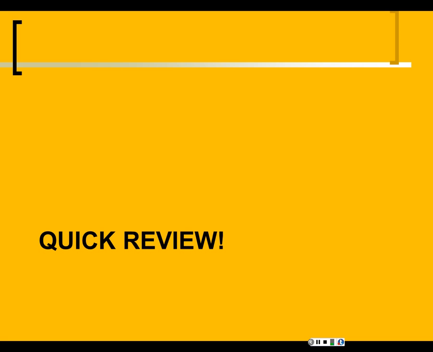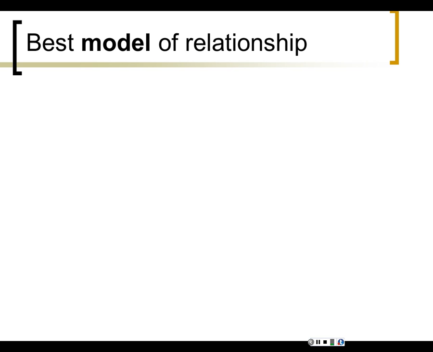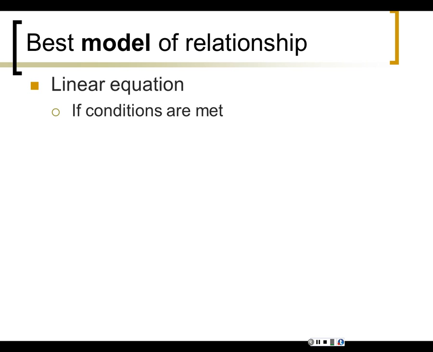Now let's do a quick review. There's a few more little lectures that I'm going to try and get done for this class, but let's just do a quick review of some of the stuff we've got going here. We first try and find the best model of our relationship between x and y in our sample. We're going to use a linear equation, which is all we learned for this class, although there are lots of curvy and funky models out there.